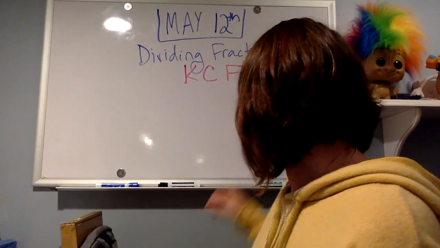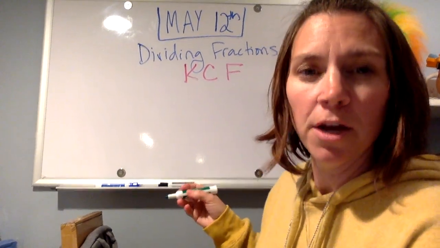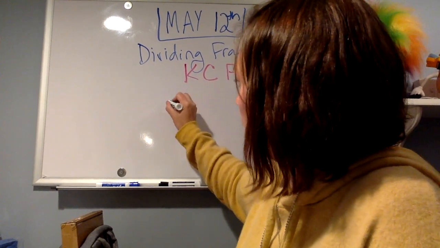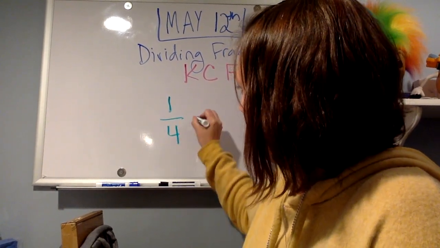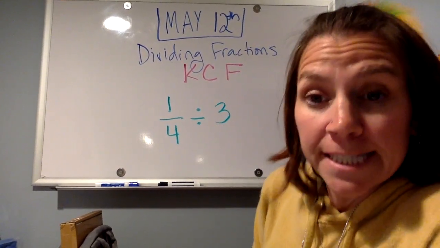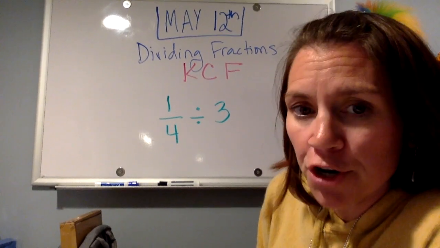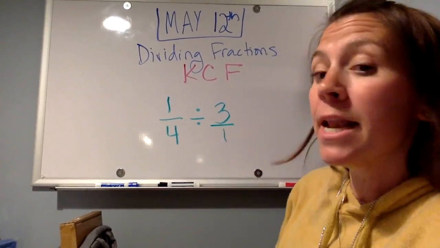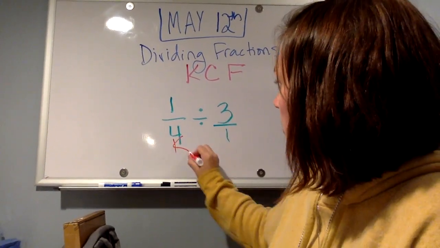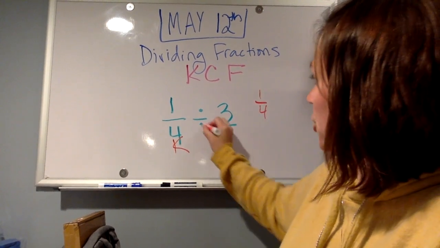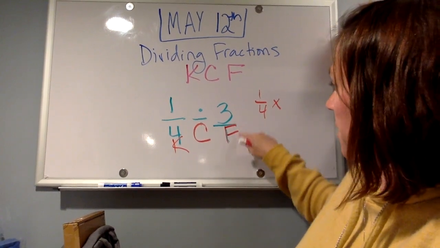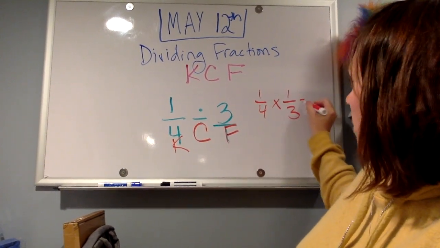The other way on here is, if I'm looking at number 2 and number 4 now on the sheet, it's a fraction first, so I'll do 1/4 divided by 3, okay? Same thing, stick a 1 underneath the 3, okay? Now I can do my steps. So I'm going to keep the first, change my sign, and flip this, so instead of 3 over 1, it's 1 over 3.